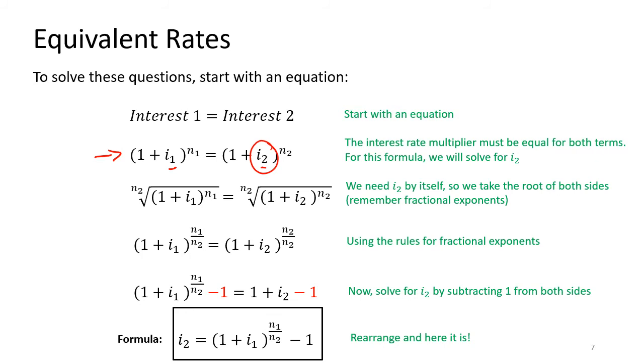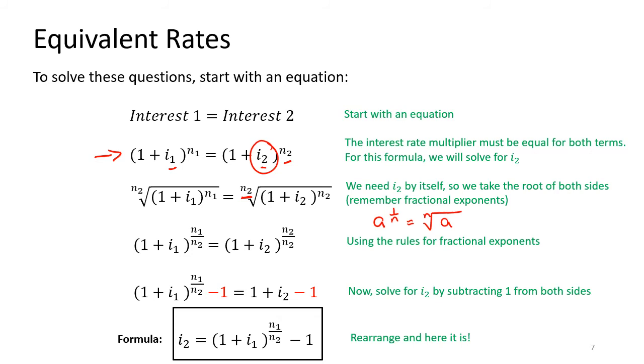All right. So our first step is we need to remove this n2 exponent. And you do that by using the root sign, to the exponent n2. And remember, if you have the exponent 1 over n, that's the same as the nth root, the nth order root of the value of a.